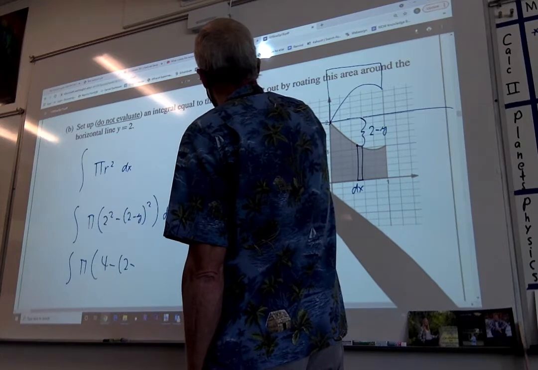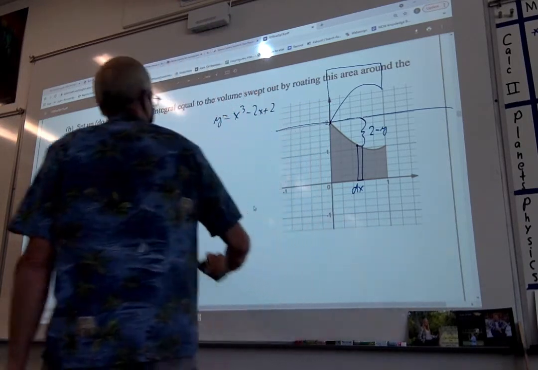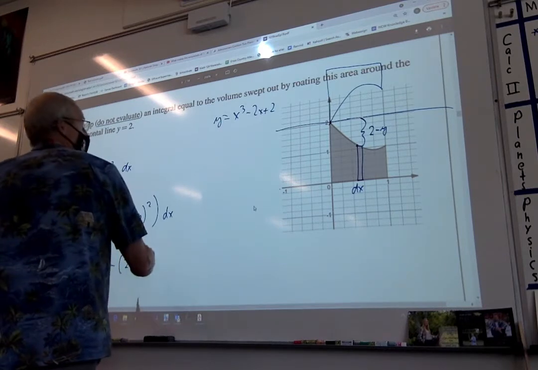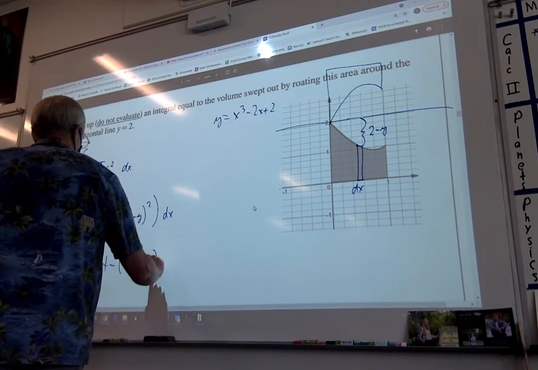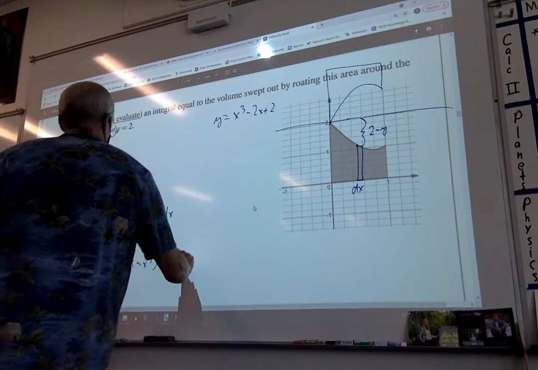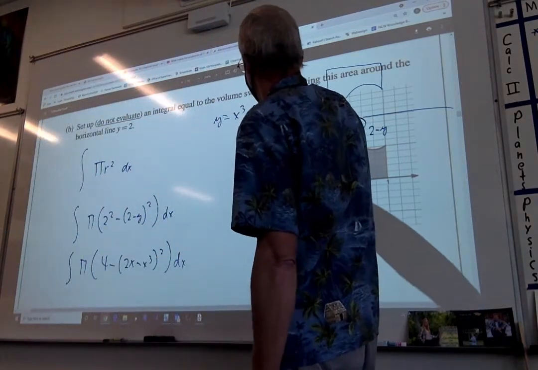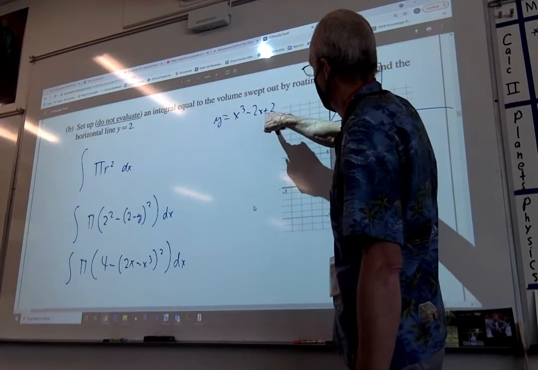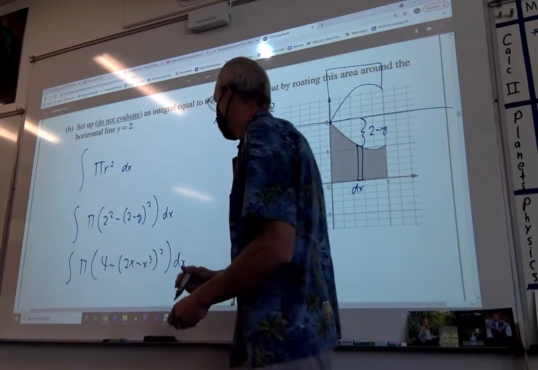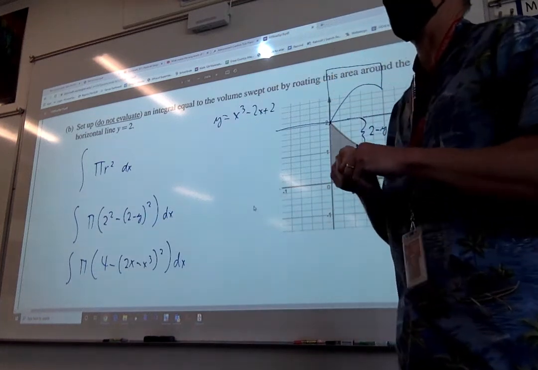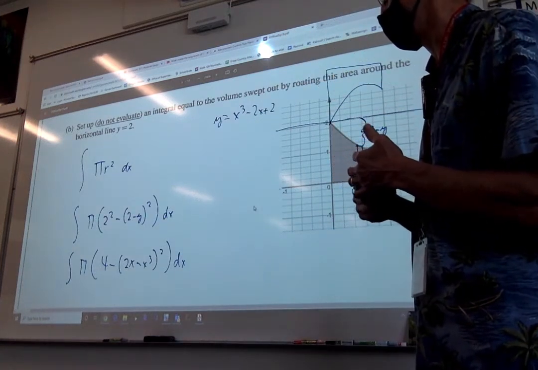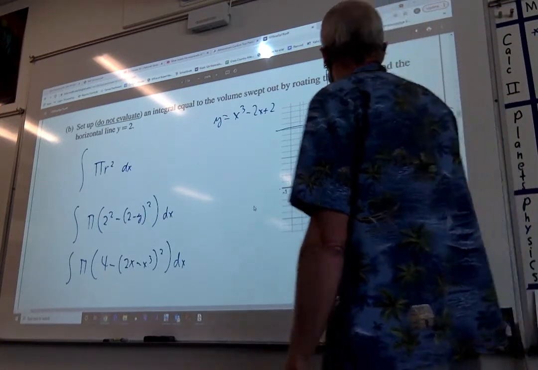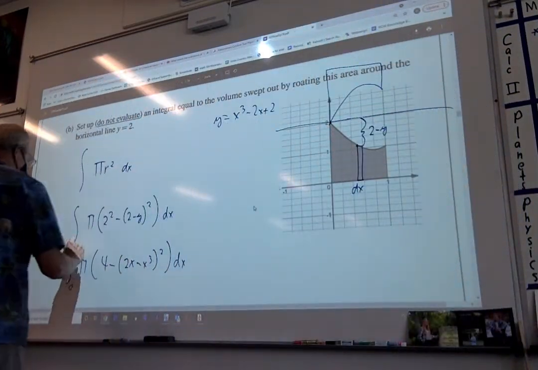So really, it's going to be 2x minus x cubed squared dx, because 2 minus this becomes minus x cubed plus 2x minus 2. The 2's go away. Okay, so that's it. We don't have to evaluate it, thank goodness, because that'd be a lot of work. And at any rate, x goes from 0 to 1. That's important.